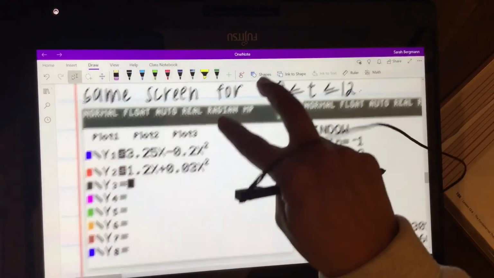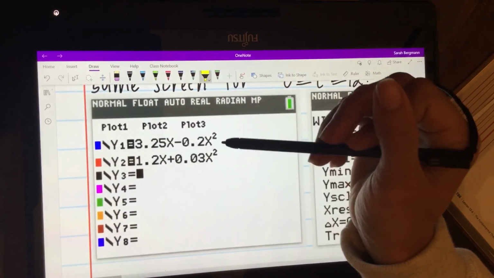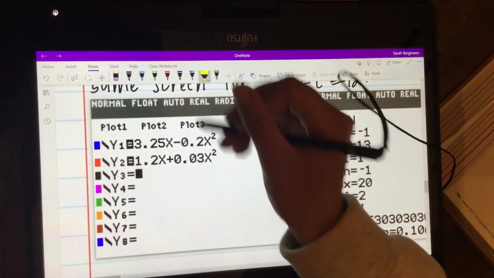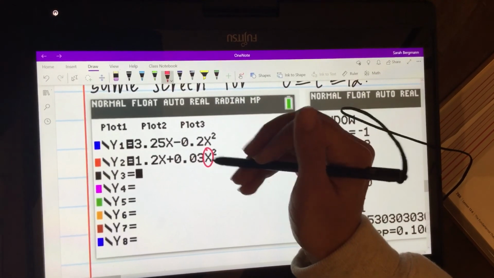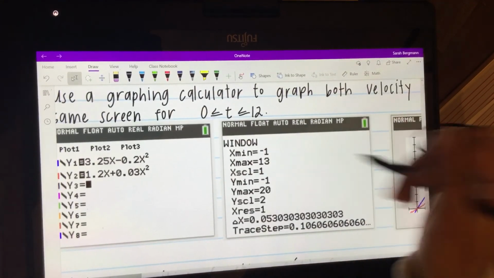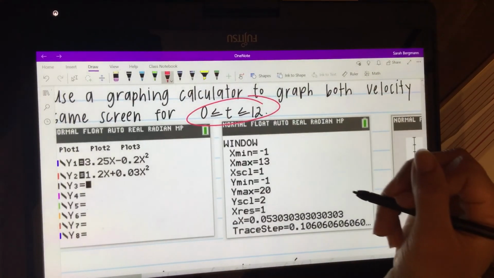So as you can see, I already plugged these two functions in. I plugged in the first velocity function for y1, the second for y2, and I just let the x value represent t for time. So since x represents t, I know I need to change my window. A standard window is not going to work for this interval 0 to 12.